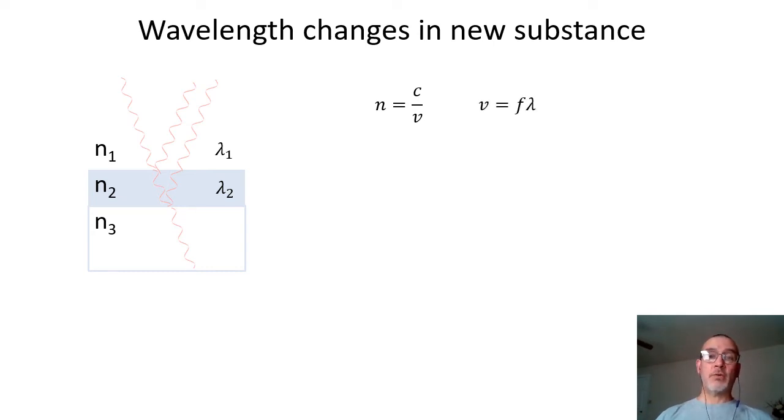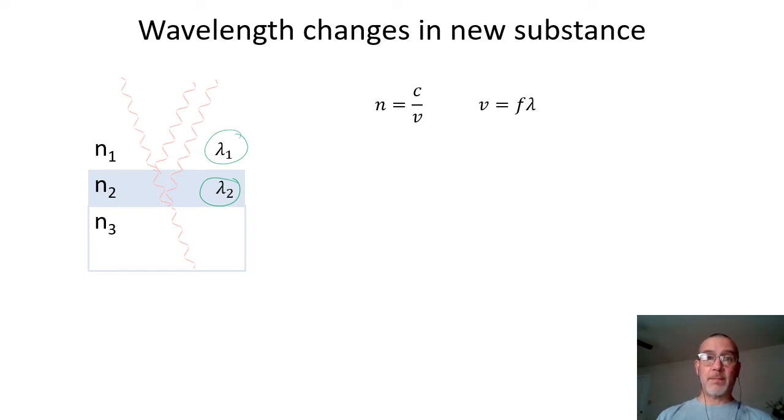We also know that the speed of light is going to equal the frequency times the wavelength. So these are two things that we should know before. But if we want to find out about the wavelength here and the wavelength here, we can combine these two equations with the knowledge that when a wave travels from one medium to another, the frequency will always remain the same.